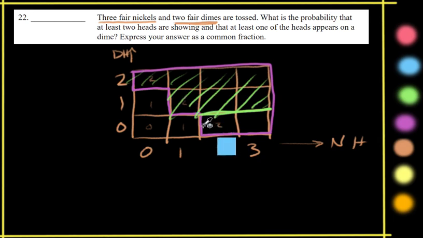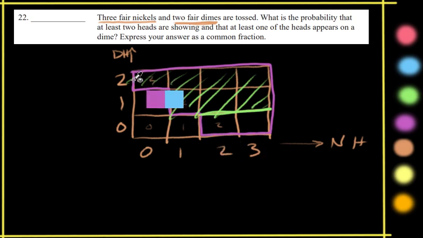You could take the entire rectangle and subtract out this one and this one. That's another way to do it. Or I'm sorry, this one here and then this whole bottom one, because we are subtracting these 2 as well. So any one of those is fine.